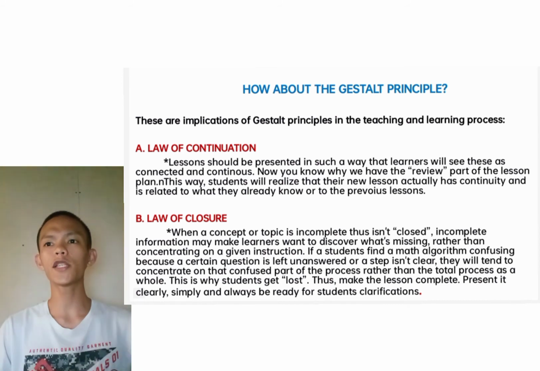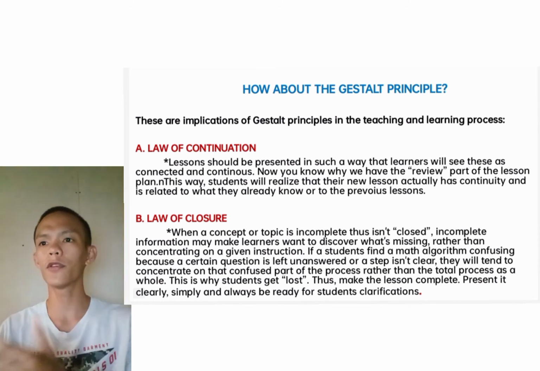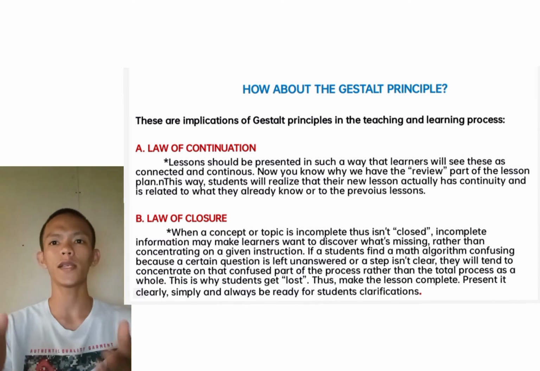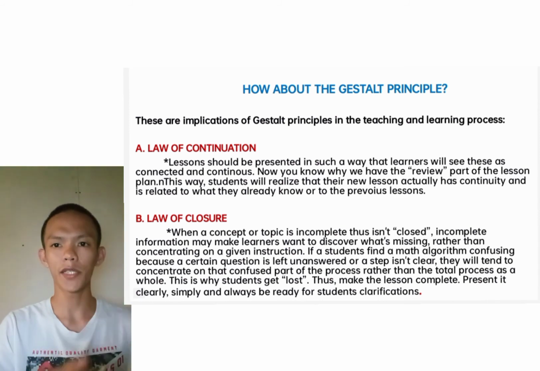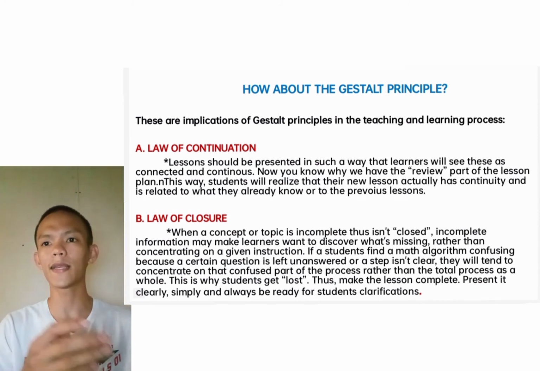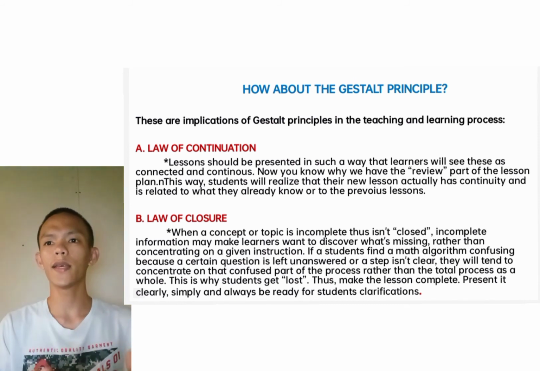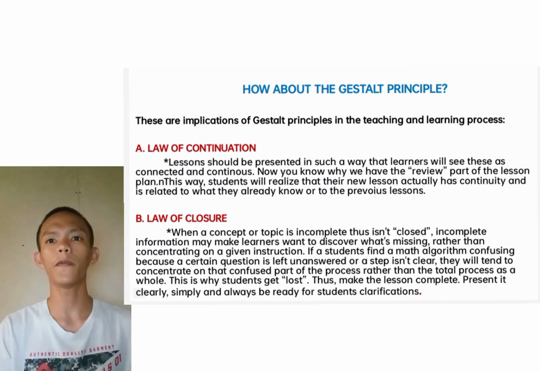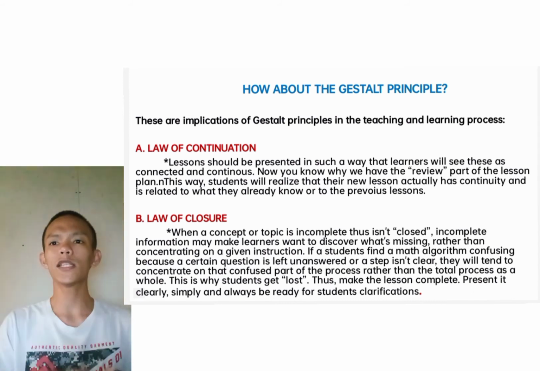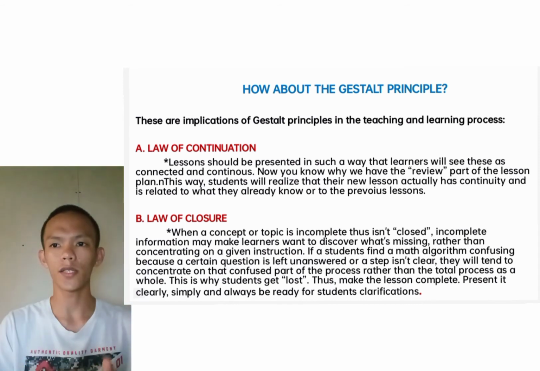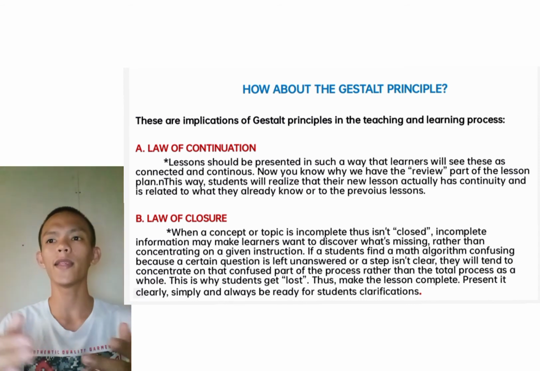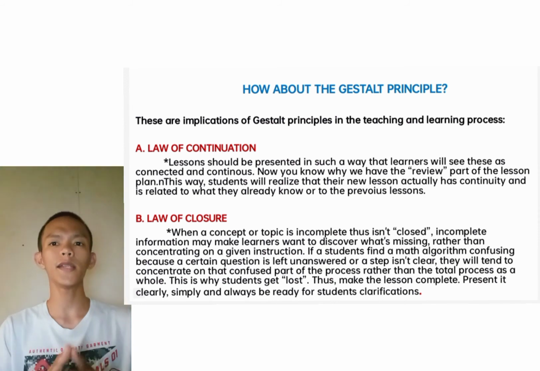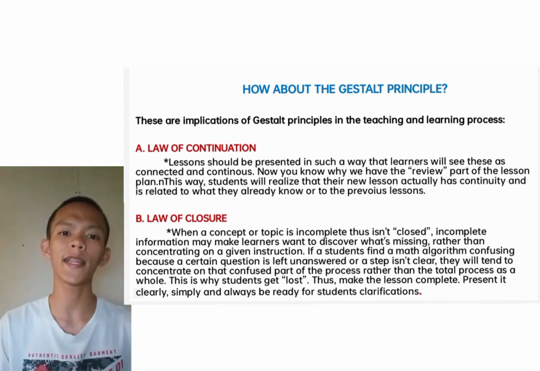So, if a student finds a math algorithm confusing because a certain question is left unanswered or a step isn't clear, they will tend to concentrate on that confused part of the process rather than the total process as a whole. So, this is why students get lost. Thus, make the lesson complete. Present it clearly, simply, and always be ready for students' clarifications.